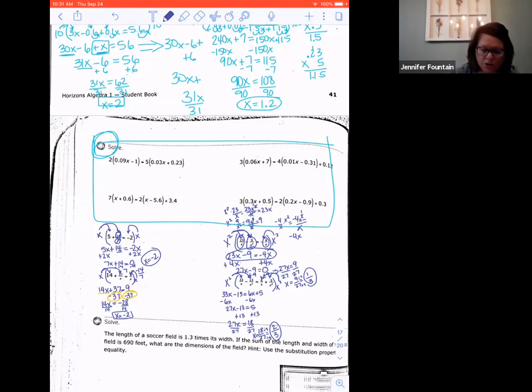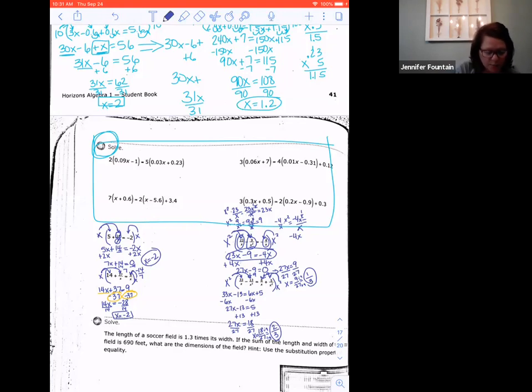So page 42, starting at the top, we'll go ahead and do the left-hand side, the top and bottom. Then we'll move to the right-hand side, and I'll do the answer for the top and bottom of the right, okay? So left-hand side, top problem, x is equal to 105.